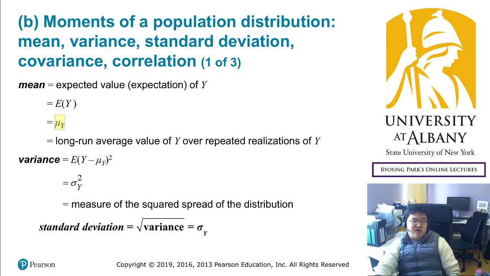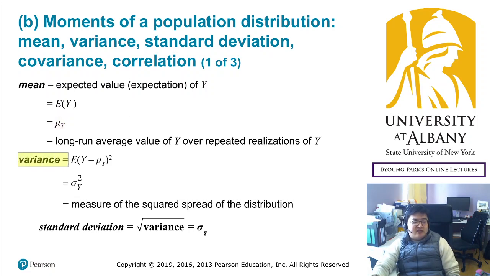We use subscript y because if there are other variables, you'd like to distinguish which variable this mean is for. And the textbook describes it as a long run average. As you repeat the calculation infinitely many times, then you are going to get this.